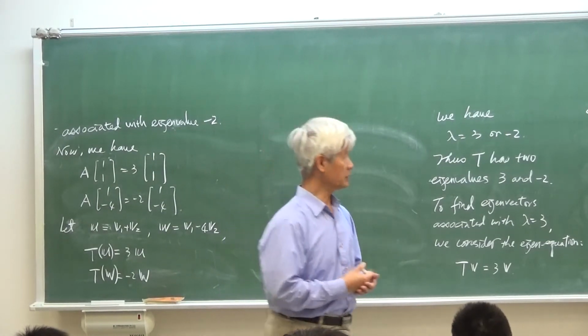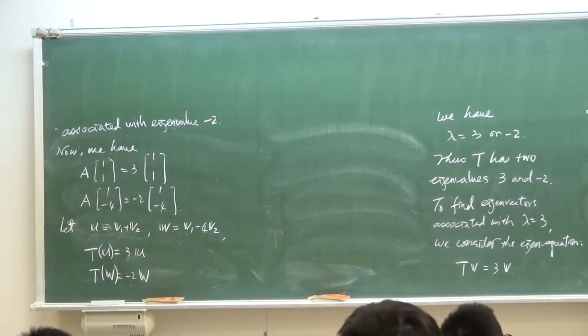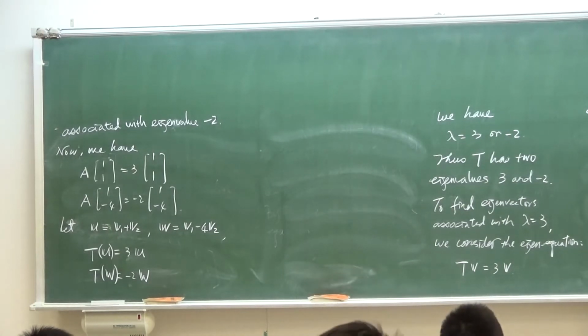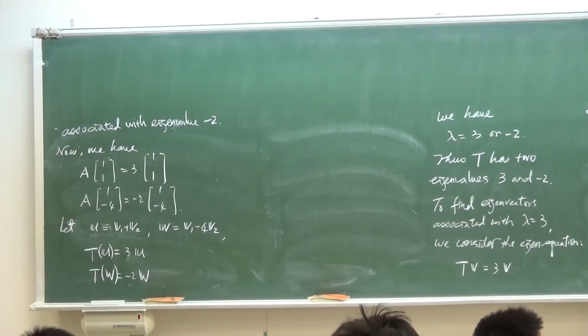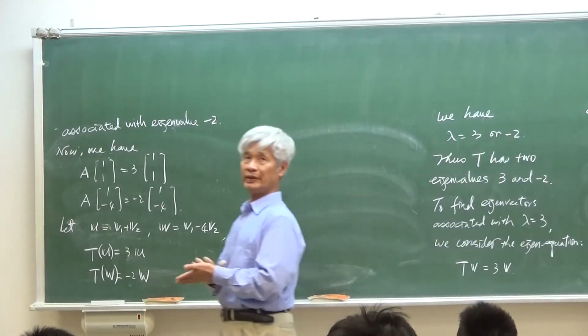So when we find the kernel, any non-zero vector in the kernel is just the B coordinate. Any questions?